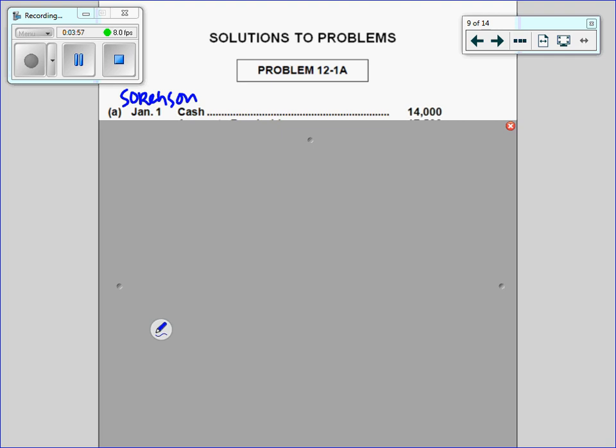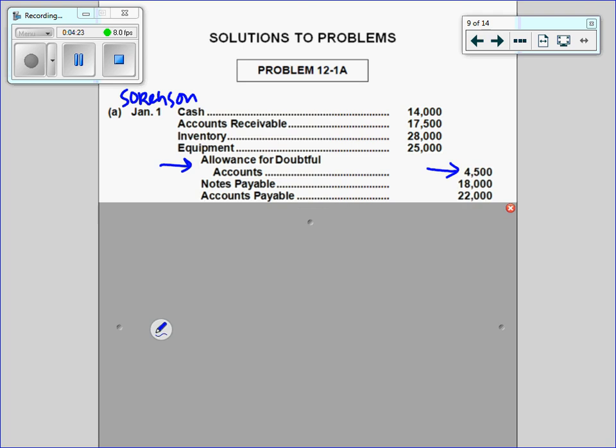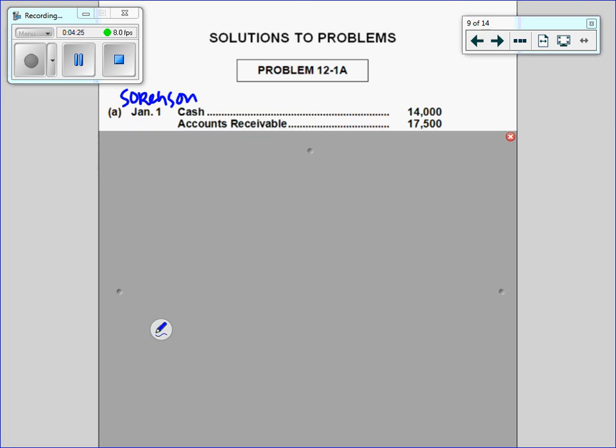Well, it looks like they agreed that $17,500 is the balance. So the business cash is going to go up by $14,000. The business AR is going to go up by $17,500. What got decided a little differently, though? Oh, they're listing all the credits later. Notice this number is a little bit different, but they're listing the credits last, so that's okay.